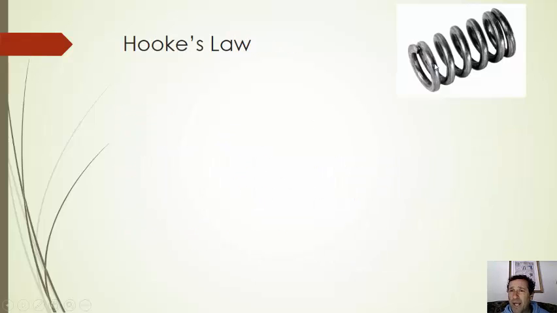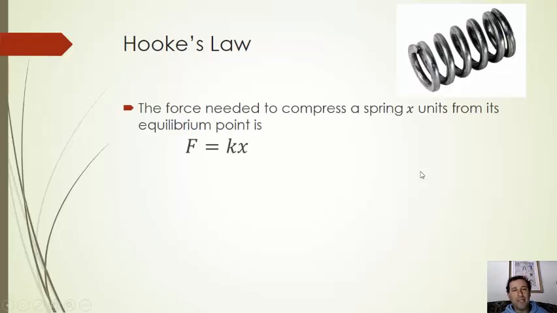If you have a spring and you want to pull that spring out, or you want to compress that spring, it's going to take force. Now, Hooke's law says that the farther you pull it out, or the more you compress it, the more force it's going to take where you happen to be.